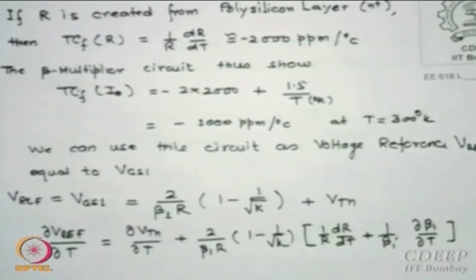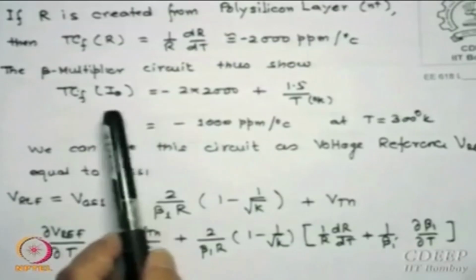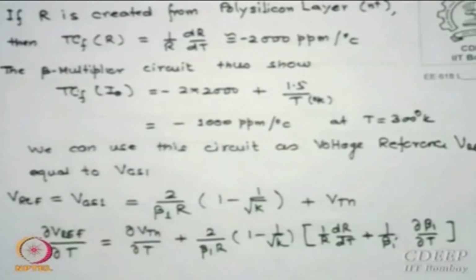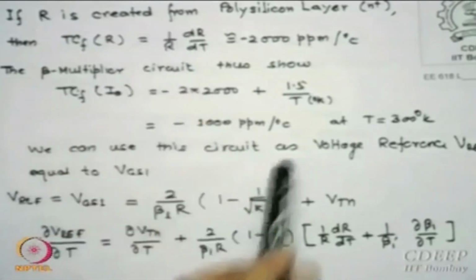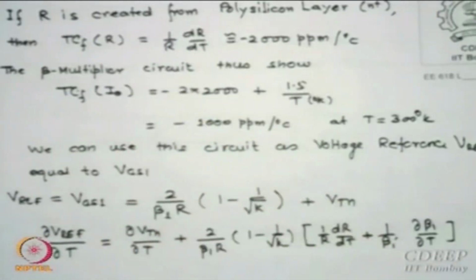For the beta multiplier circuit just shown, for that I0 which I wrote, I can get TCF of I0 as 2 times the TCF of this plus 1.5 by T. Differentiate this and this expression comes. Do as we have been doing so far: differentiate every part with respect to temperature.